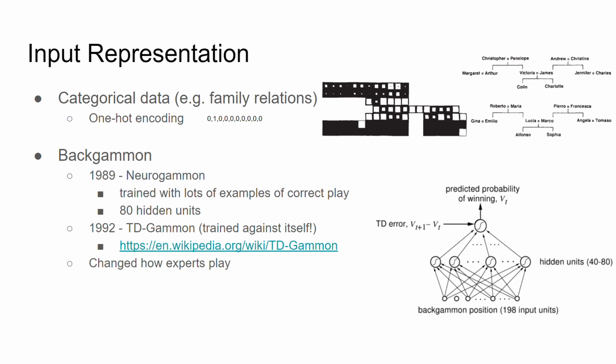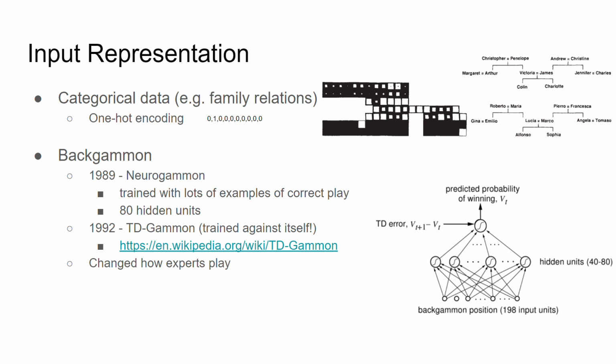Things do get more complicated than that. Early on, another thing people have done with these neural networks, and we'll talk a lot more in the next lecture, is playing games. I just wanted to use this as an example of a very complicated input representation.